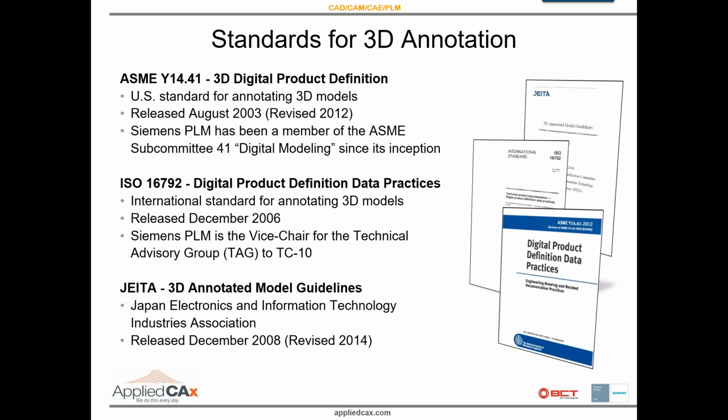These are available online for purchase and download in various places. It's a quick Google search to find them, and you can use them to help guide your processes. NX does conform to the standards that are published in these guidelines, as we'll see coming up.